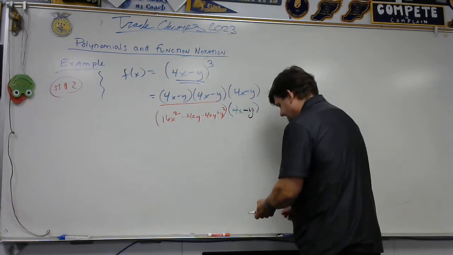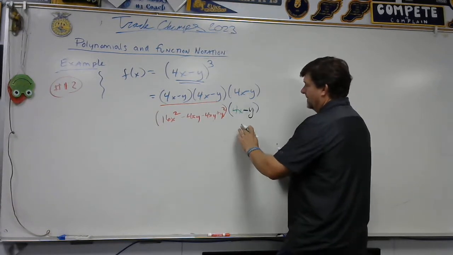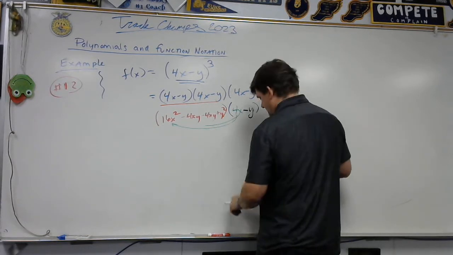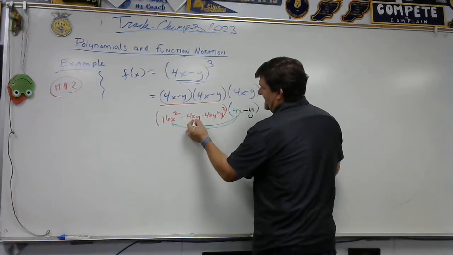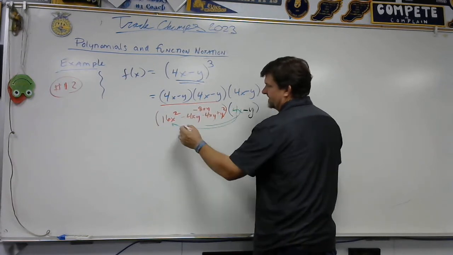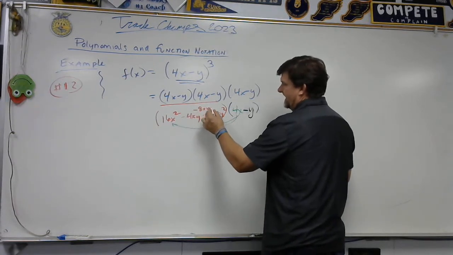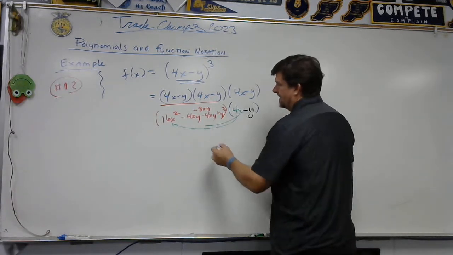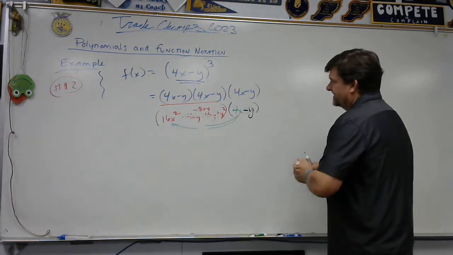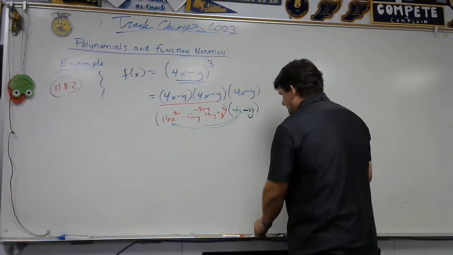I'm going to distribute the green one into each of these. Oh, you know what? This right here, I'm going to combine that and make it negative 8xy. So it's 16x squared minus 8xy plus y squared. Okay? So I just combined the two like ones here. So I'm going to take the green one right now.